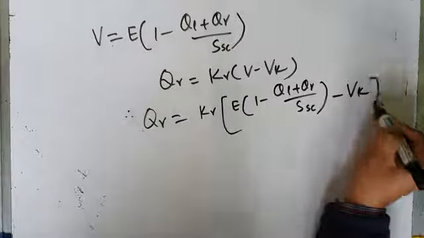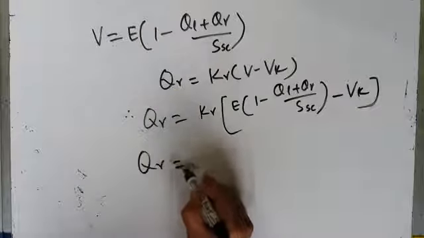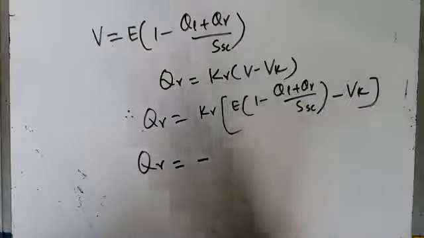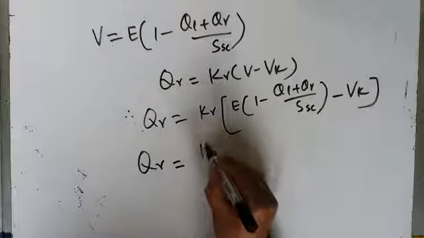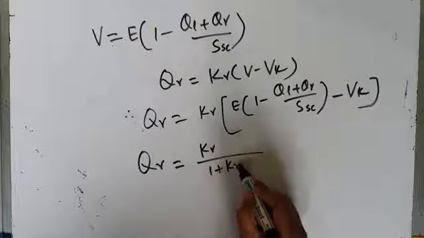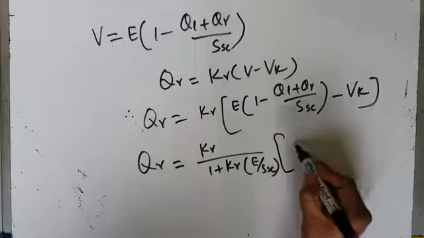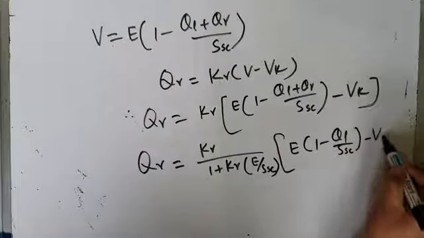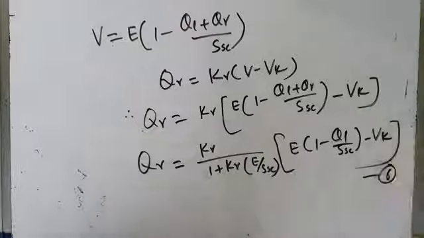Simplify this, what we will get? If I simplify it and arrange the terms, I will finally get Q gamma equal to K gamma divided by 1 plus K gamma into E by SSC, times E into 1 minus QL by SSC minus Vk. Let us call this equation 6.